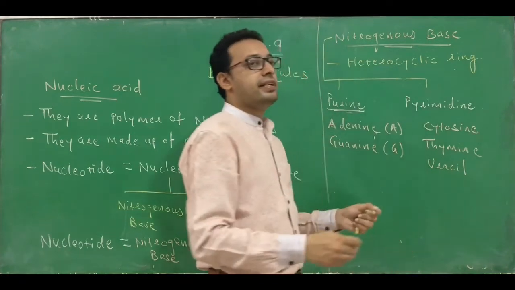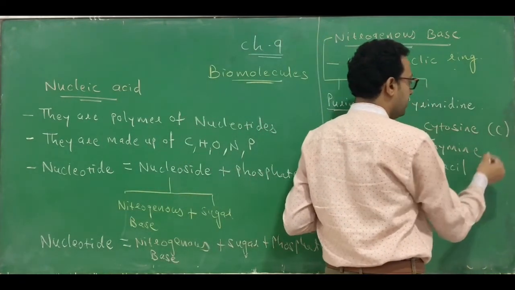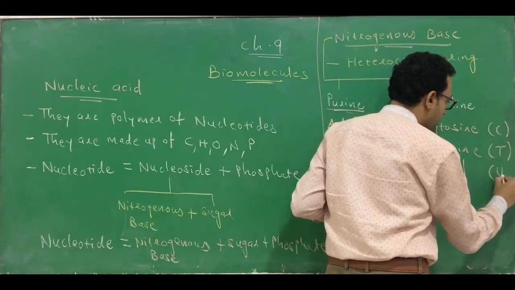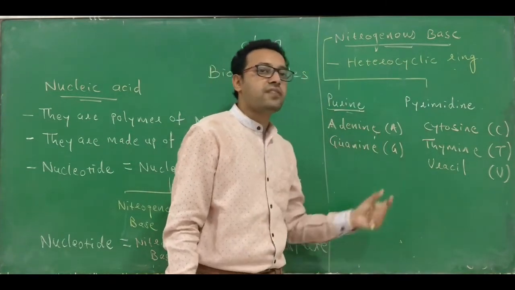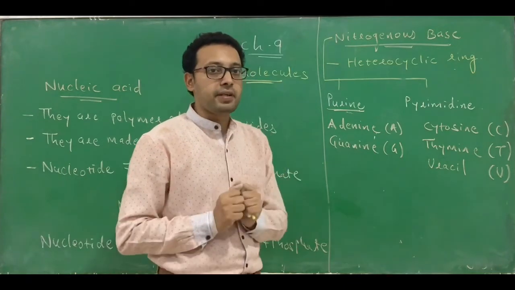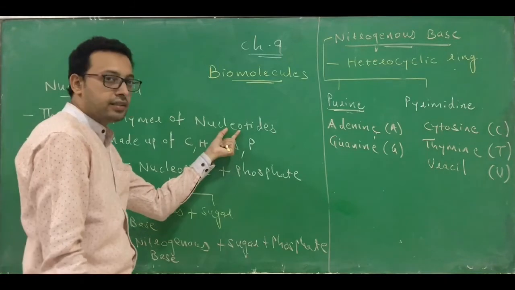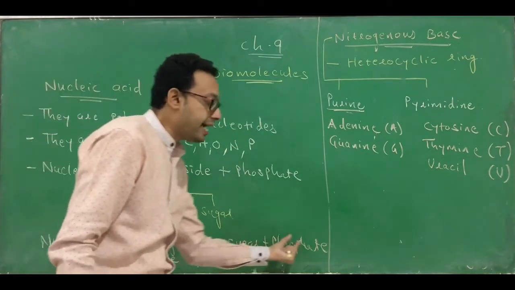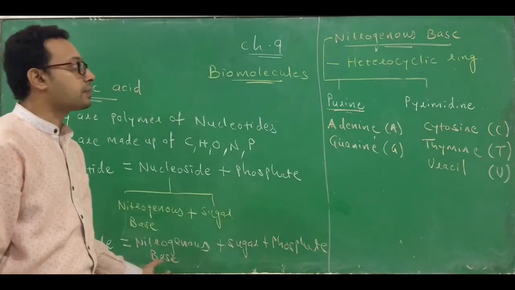The official short form of cytosine is C, thymine is T, and uracil is U. So these are the nitrogenous bases you can find in the structure of nucleic acids. I again repeat, one component of nucleic acid is the nucleotide. Nucleotides are made up of nitrogenous base, sugar and phosphate. From this we are discussing the nitrogenous base.